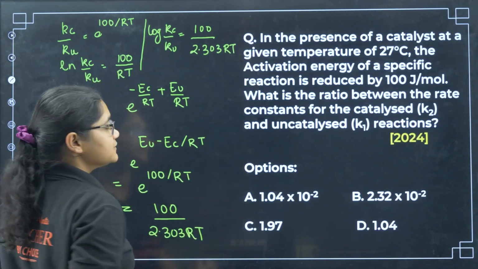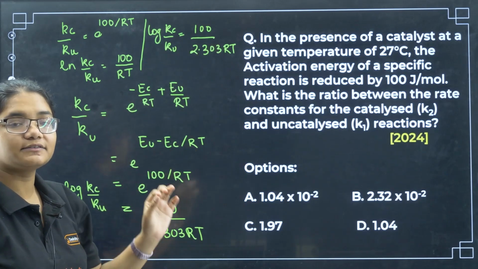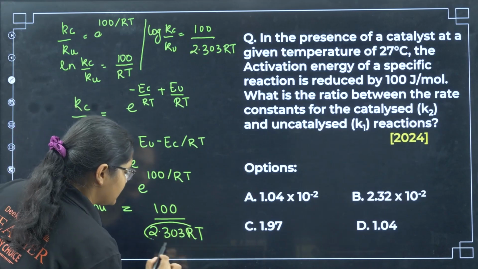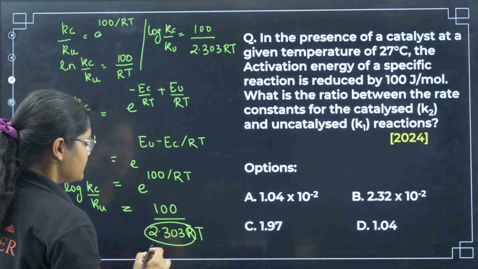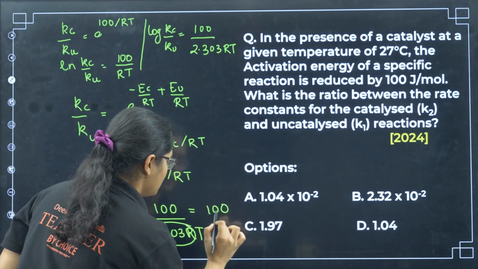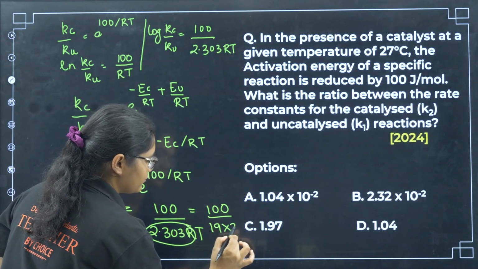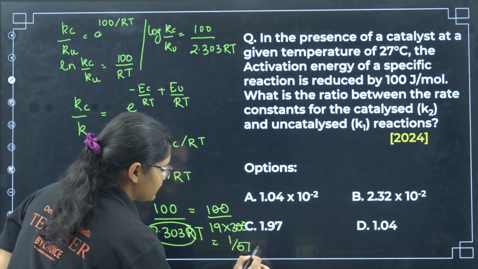Okay, this is clear. Now 2.303 into R, please remember, this value comes out to be 19.1. So I have this value as 19.1 and temperature is 27, so that means 300 Kelvin. So I have 100 divided by 19.1, I am just taking it as 19 into 300. So I will get 1 by 57.